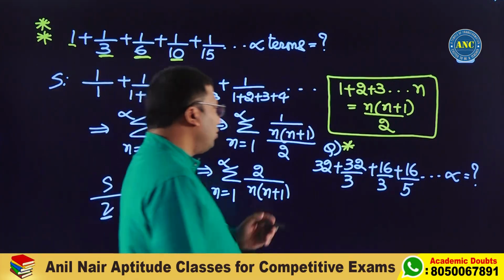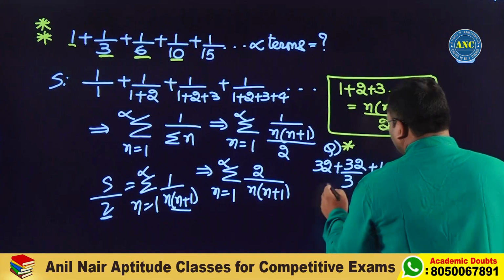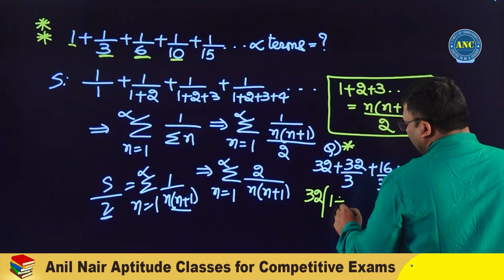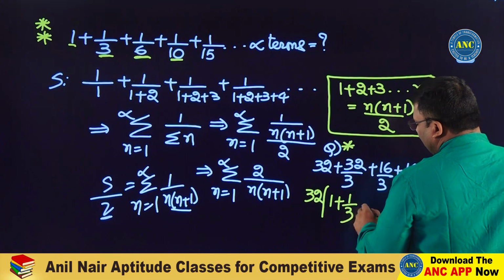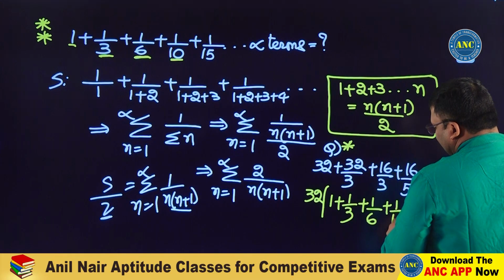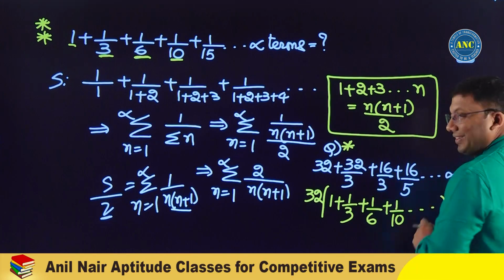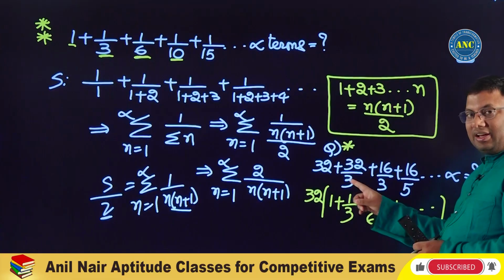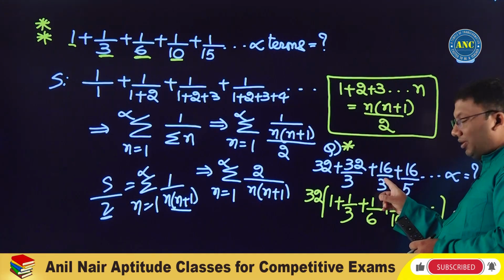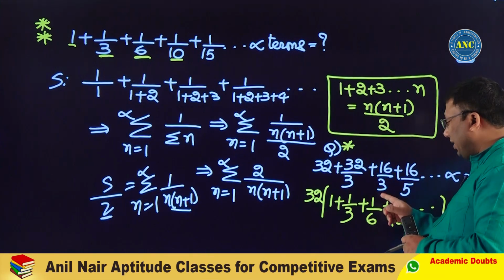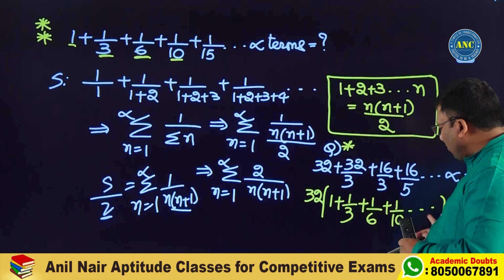32 plus 32 by 3 plus 16 by 3. If I take 32 common, this will be 1 plus 1 by 3 plus 1 by 6 plus 1 by 10. Am I right? 32 common, remaining is 1 by 3. 32 common, it will become 1 by 2; 1 by 2 into 1 by 3 is 1 by 6. 32 common, 1 by 10.